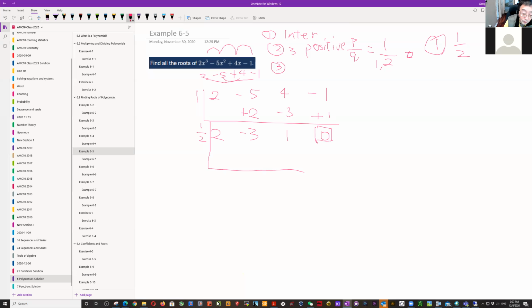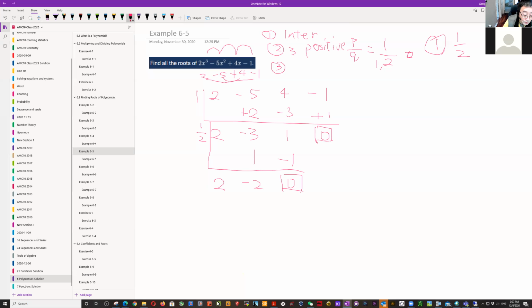So we can keep factoring it. 2 multiplied by 1/2 is just 1. And this is -2, and this is -1, so it's 0.